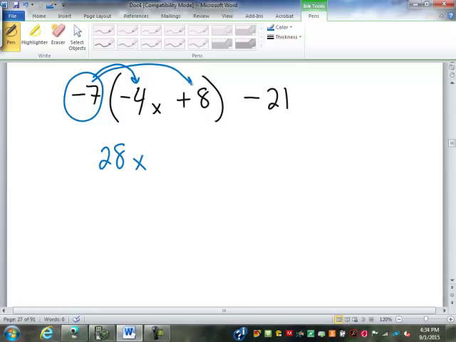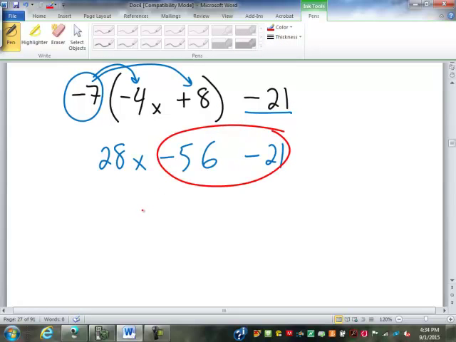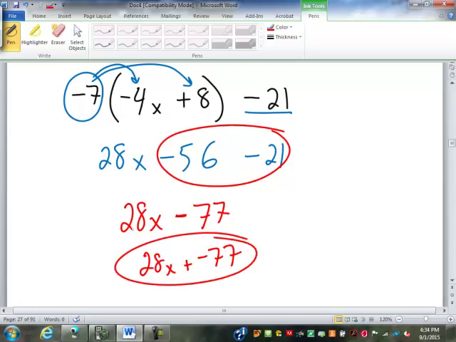Negative 7 times 8 is negative 56. Are we all done? No, we still have this negative 21 or minus 21 out there. And what are we going to do with it? Perfect. We combine it with the negative 56, which gives us negative 77. So it's 28x minus 77, or we could have 28x plus a negative 77. Either one of those would be correct.